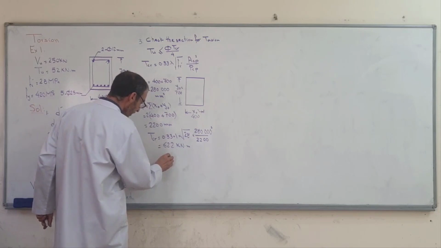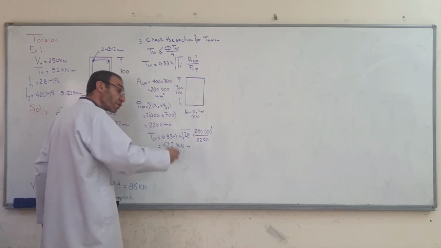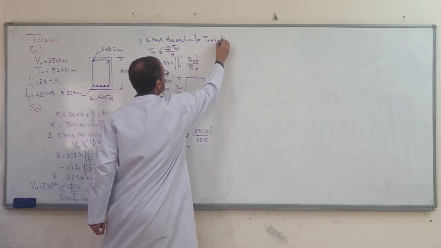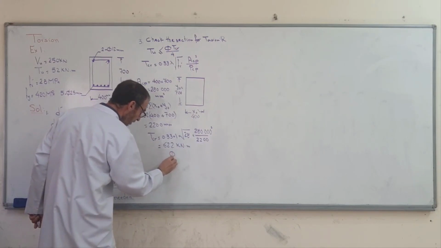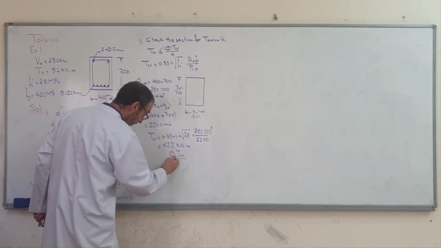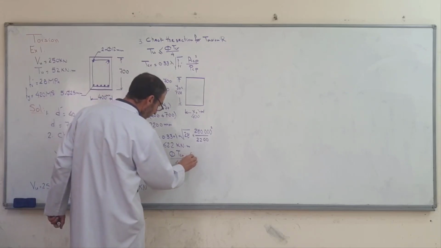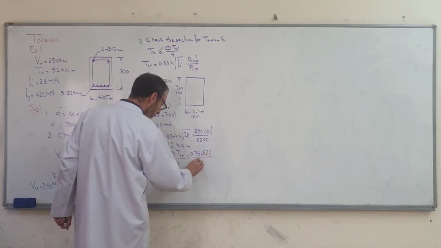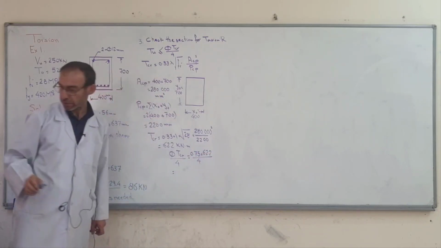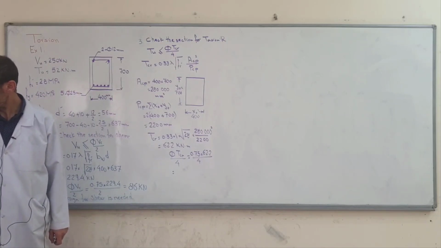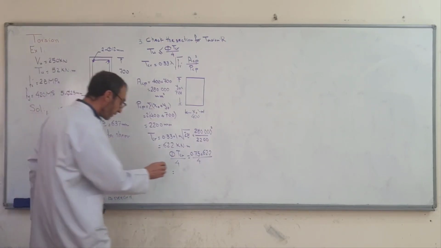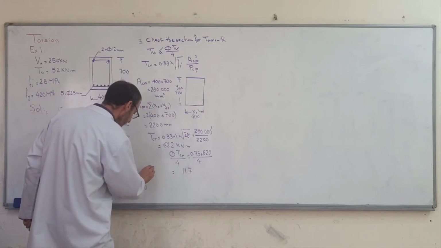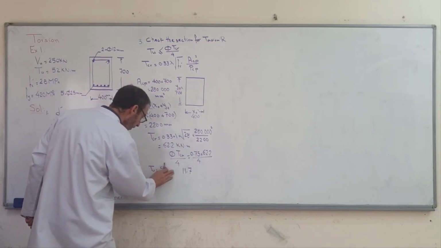Now I check the section for torsion to see if torsion reinforcement design is required. Phi T crack over 4, with phi 0.75 also in torsion, and T crack equal to 20.2 over 4, gives about 3.8. T ultimate is 5.